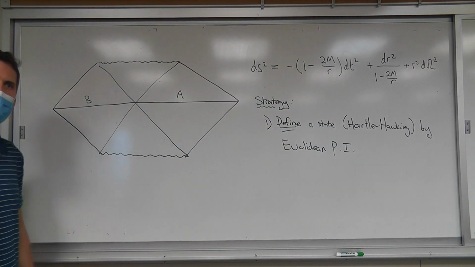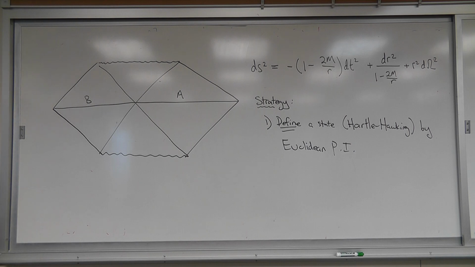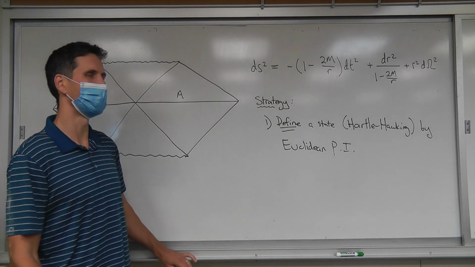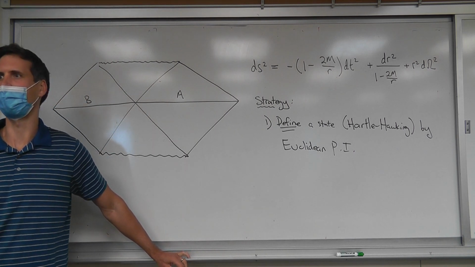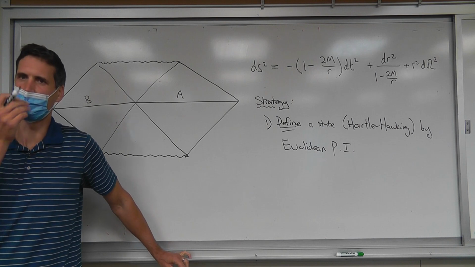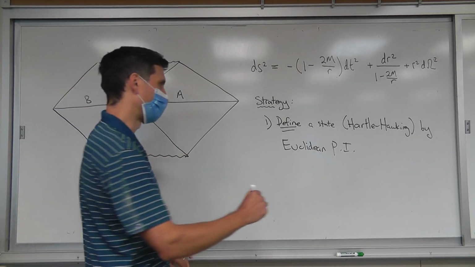Similar to how we talk about the Minkowski vacuum as being given by a Euclidean path integral, but it's a little different because this is just going to be a definition. I'm just going to define it by a Euclidean path integral, as opposed to the Minkowski vacuum, which is the lowest energy state. We derived the fact that the Minkowski vacuum was this path integral. So we're just going to define it.